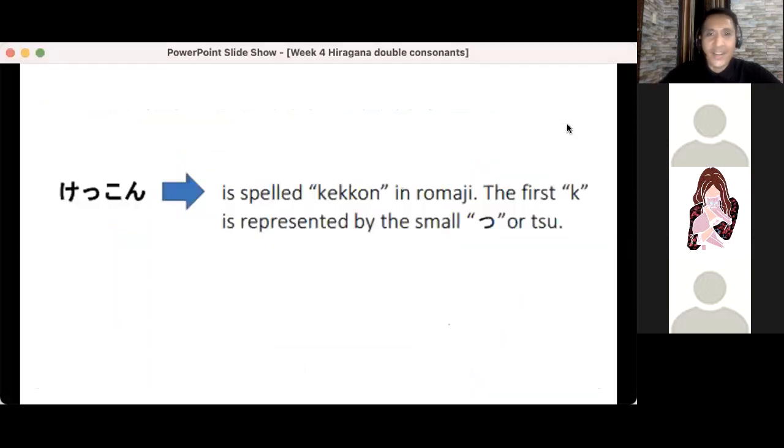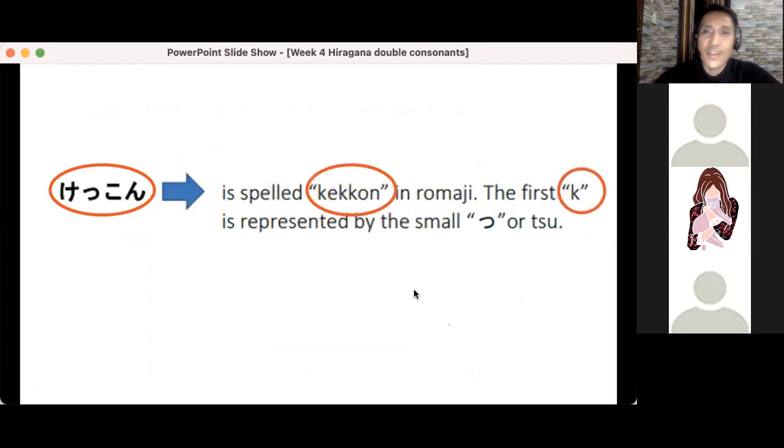Let me just run you through this. The word kikkon is spelled kikkon in Romaji. So the first K there is represented by the small tsu. Kekkon, the first K is represented by the small tsu.